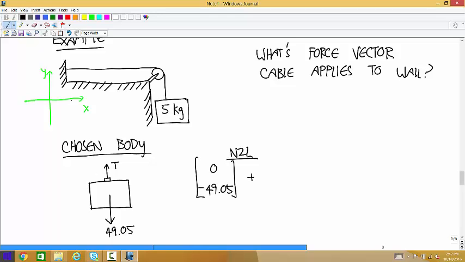And what are the components for the cable force? 0, positive T, that's in the positive y direction. And that's equal to the mass of the block times its acceleration. If this cable is just hanging here, there's no acceleration. So this is 0, 0.